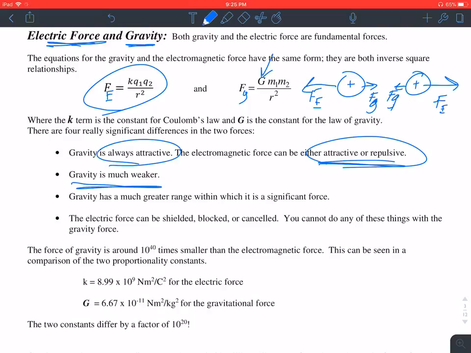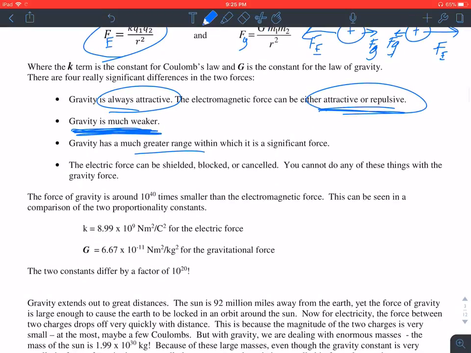Now, gravity is always much, much weaker than electrostatic forces, which I'm going to prove to you in a second. But gravity has a greater range. Gravity can hold planets in orbits around stars, where electrostatic forces hold electrons in clouds around a nucleus. They don't hold anything that massive in any sort of orbit like that.